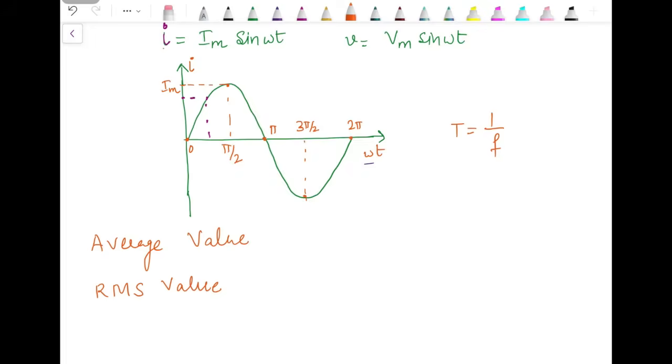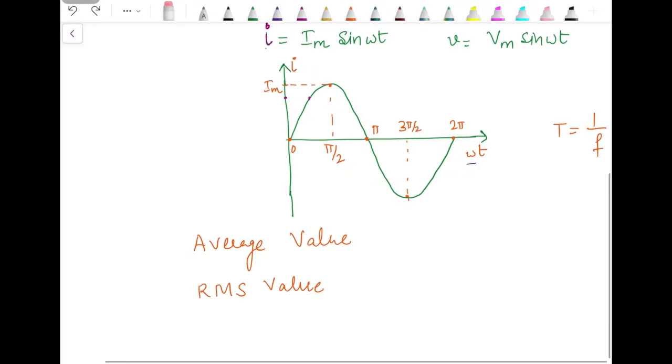Now, if you look at this waveform, the positive and negative half cycles are both the same. If we calculate the average value over the complete cycle, then it will result in zero value.